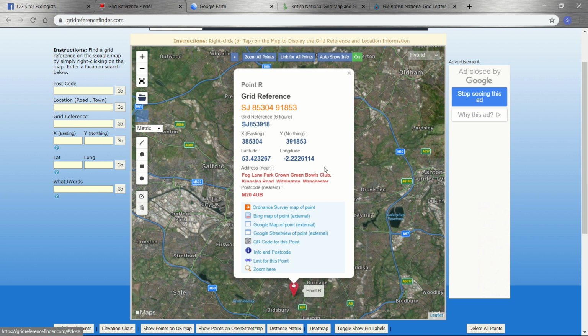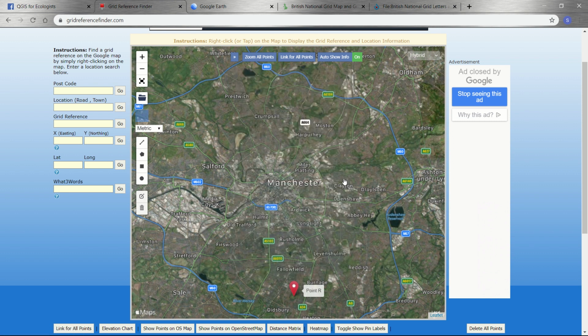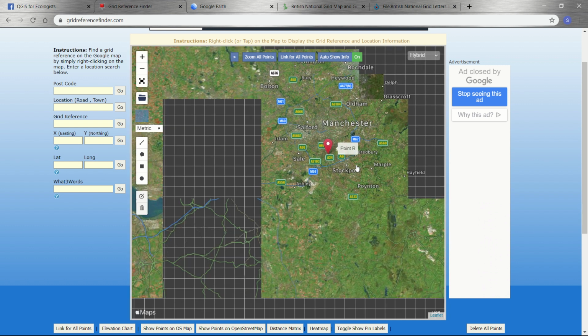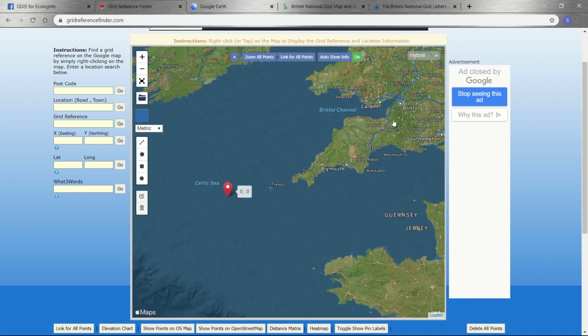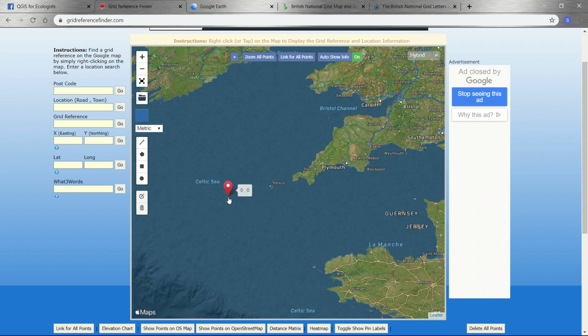So if we put 0, 0 into the British National Grid System, so with eastings and northings, I've already plotted this in earlier, it basically will bring you to the start of that system, the very bottom left corner, 0, 0, which is here.